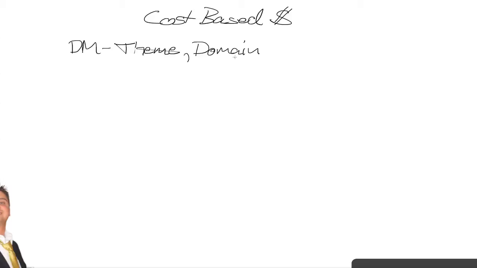Anyway, let's say your domain and your theme, your direct materials cost is $60. Now, I always add 45% to all of my hard costs. So we'd multiply this by 1.45. That's going to get us, let's see, $87.